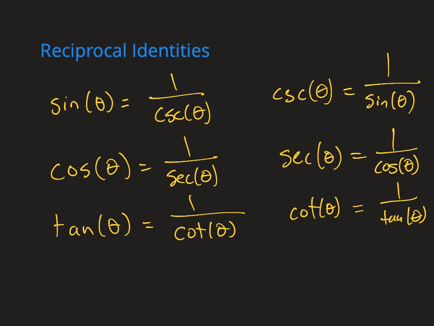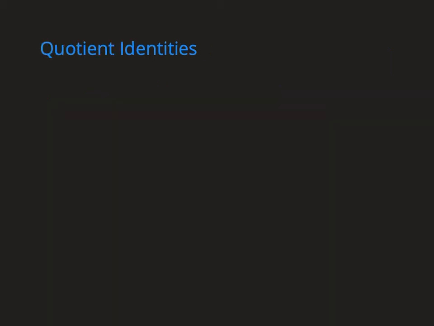And then there's one other category of identity that I want to introduce today, and that's just to formalize the quotient identities. So the quotient identities have to do with tangent and cotangent, and this is an important fact for us to know, that the tangent of theta, remember, from our unit circle, that's the y over the x, so that is the sine of theta over the cosine of theta.